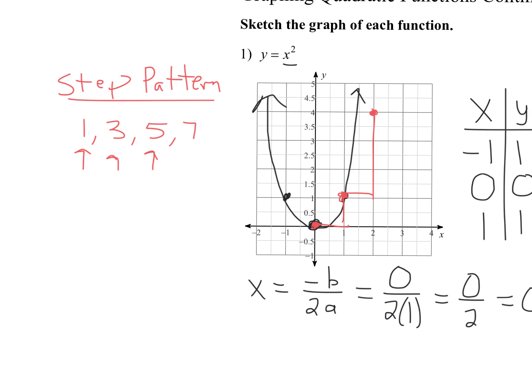Just mirror it, right? Here's my axis of symmetry, where my vertex is, so just mirror it. I'm over here, and I'm over here. So you get the same answer, it's just thinking of a step pattern instead of plugging in values. Okay?